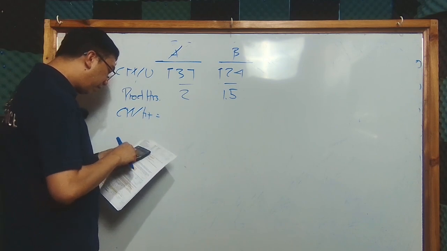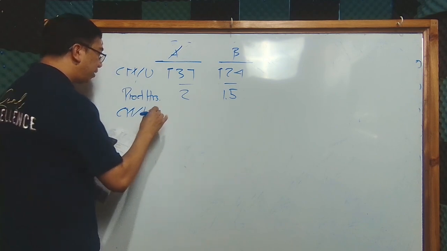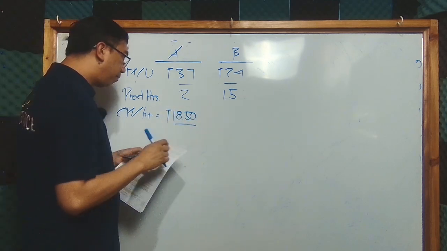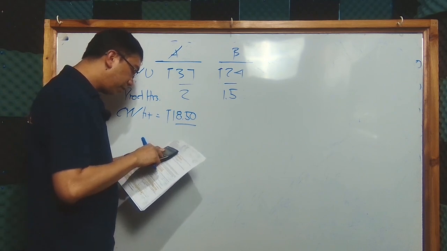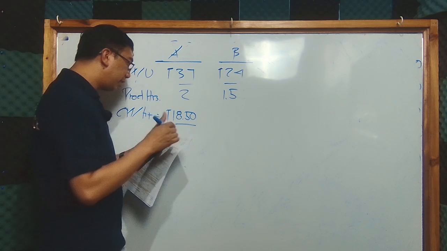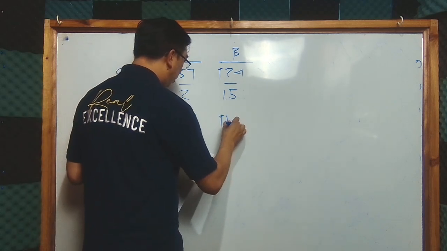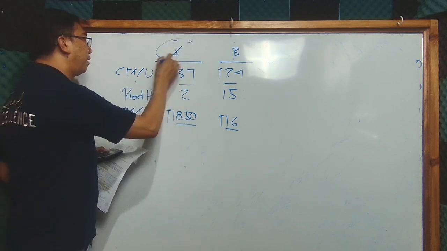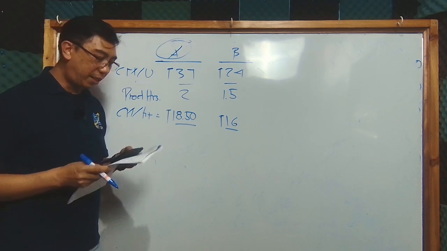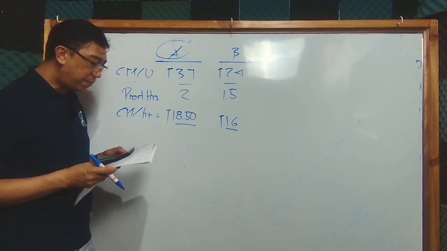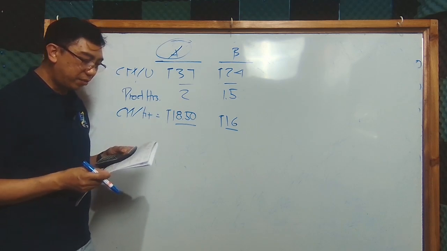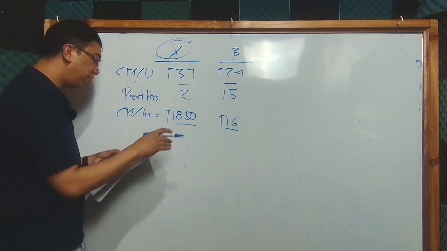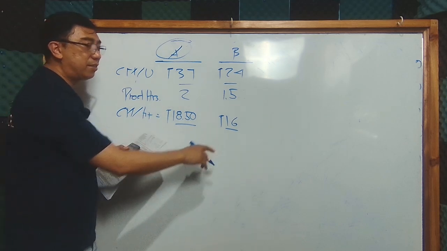So, 37 divided by 2 will leave us 18.50. And for product B, that is 24 divided by 1.5 will give us 16 pesos. So what should be our priority? Ang priority natin, class, is product A. Okay, product A. So, number 74, what are the relevant contribution margins for the decision analysis for product A class, that is 18.50, and for product B, that is 16 pesos.